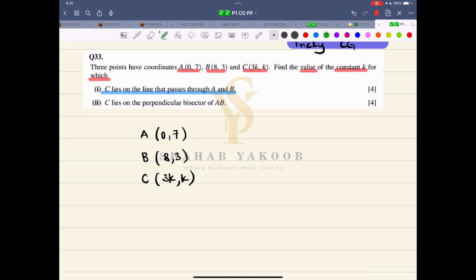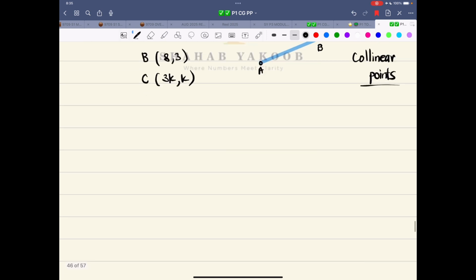Now when it says all the 3 points lie on a straight line, that means A, B and C are collinear points. Now some people in a hurry, they assume that one of the points is the midpoint of the other. Nothing is said as such. Do not assume anything.